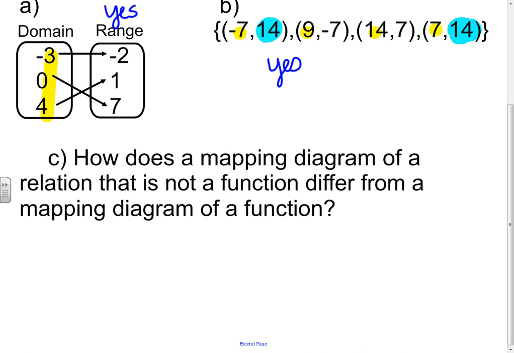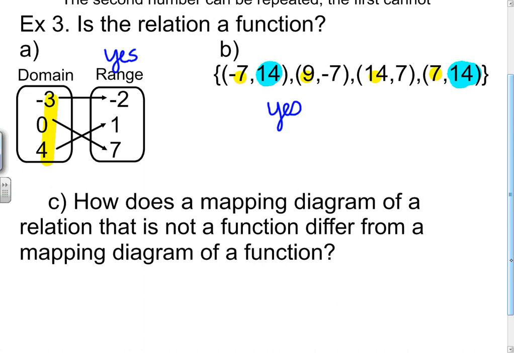Letter C, how does a mapping diagram of a relation that is not a function differ from a mapping diagram of a function? A mapping diagram is like letter A, so I'm going to show you on letter A what it would look like. Letter A is a function. It would not be a function if it had an arrow being repeated, like if 4 went to 1 and to 7, like the blue one I just drew in. That is not a function.